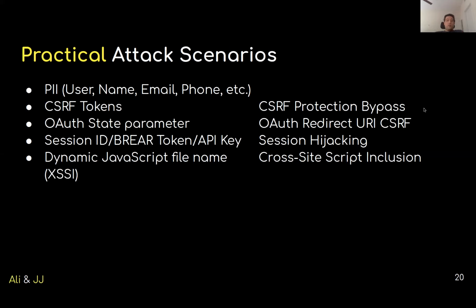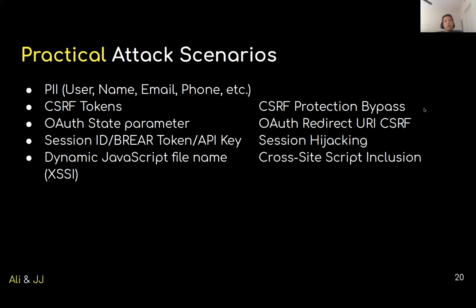But web cache deception can be an even more severe and critical vulnerability, because besides finding leakage of different PII, such as username, email, phone, etc., in the cached pages, in some domains, we discovered a CSRF token leaked in a web cache deception attack response.